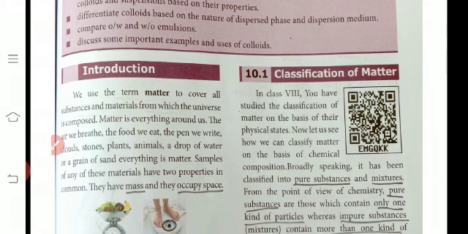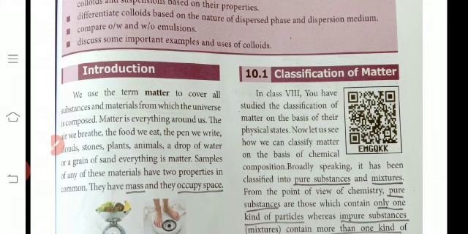Now let us see how we classify matter on the basis of chemical composition.